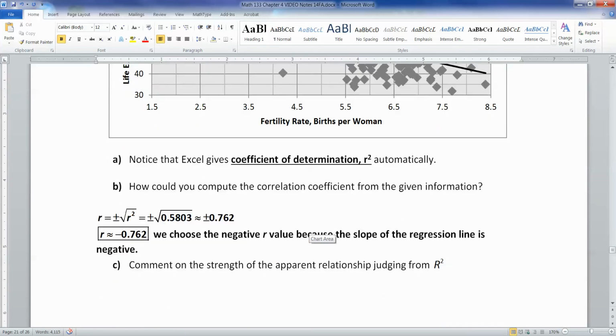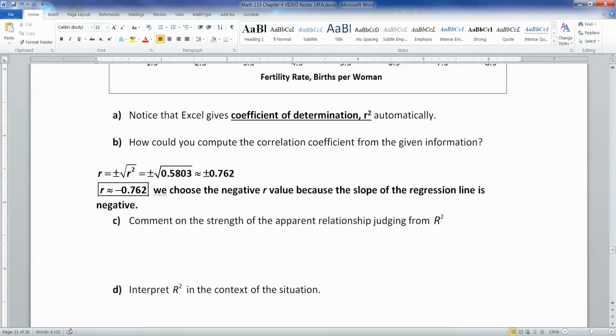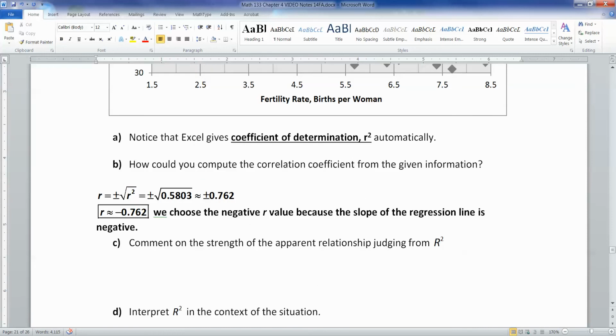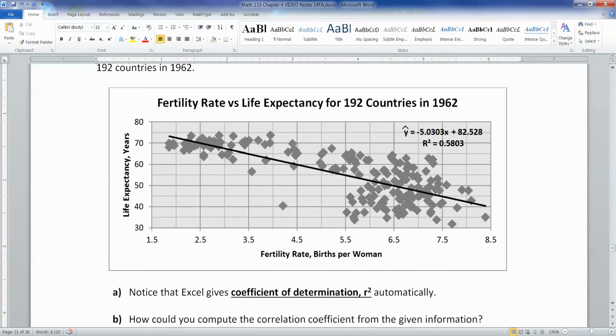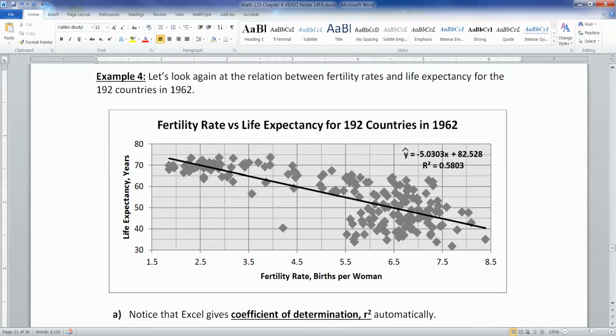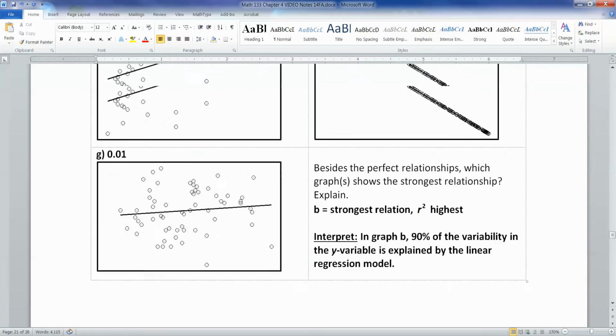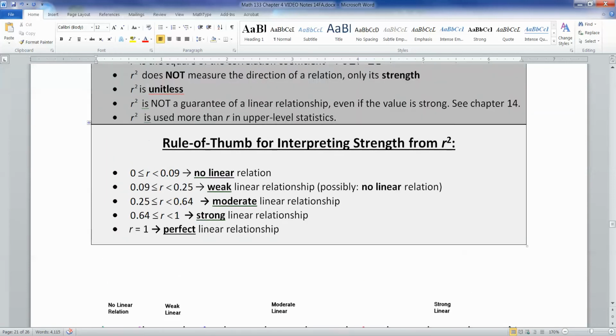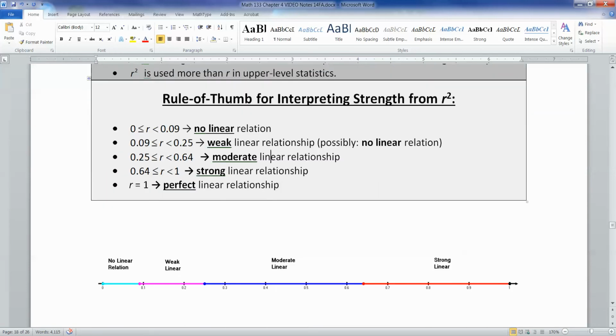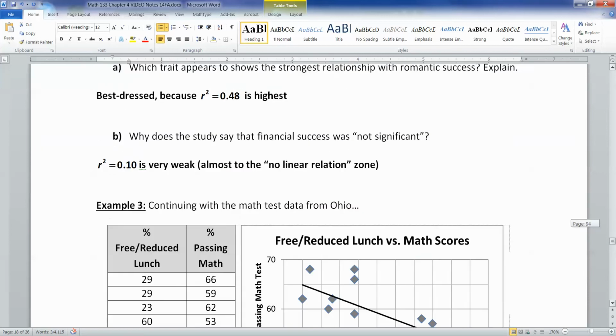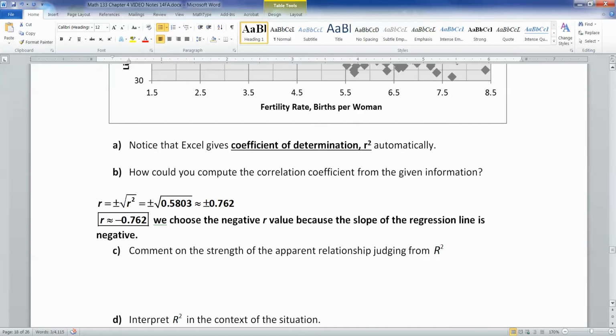All right, now what kind of relationship and strength do we have with this? Well, it appears that we have an R squared value of 0.5803. Let's go back and remind ourselves where that falls. So 0.58 is right in the moderate zone, right here in the blue zone, close to that 0.6. So that would be a moderate relationship. We can't comment about the direction from R squared, but we can comment on the strength.